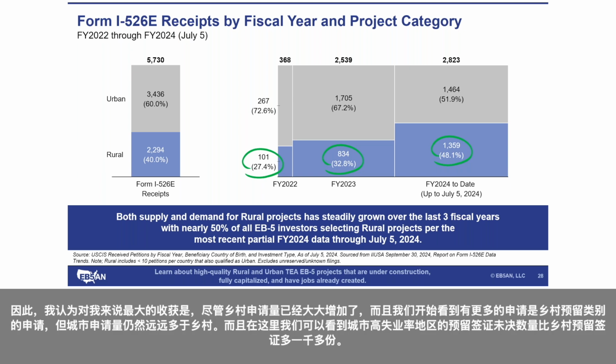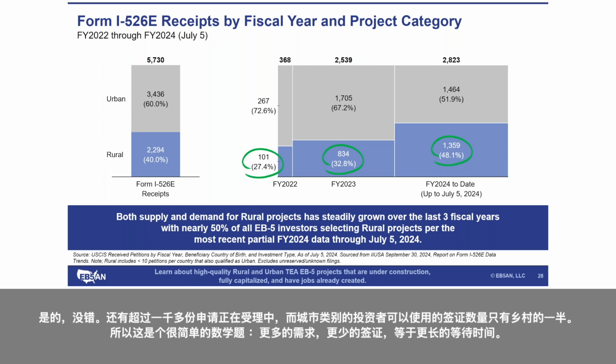I think the biggest takeaway here for me is, even though rural has caught up in a big way, and we're starting to see a lot more applications into the rural set aside, urban has continued to just outpace it completely. And you see here, there's more than 1,000 more applications pending in the urban high unemployment area set aside versus the rural high unemployment area set aside.